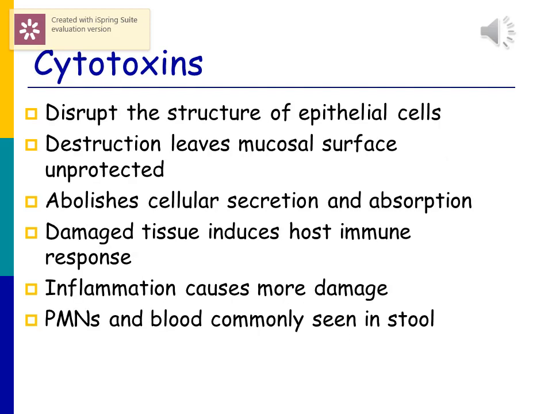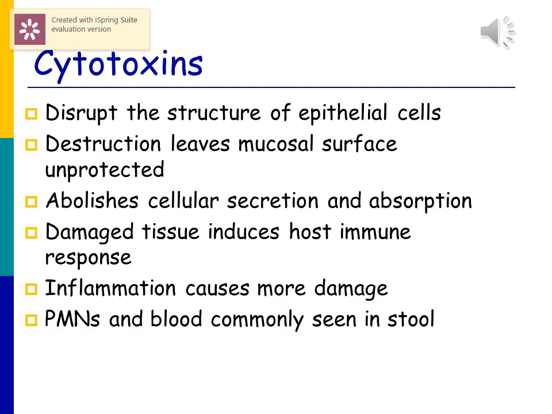Cytotoxins disrupt the structure of the epithelial cells. They are going to destroy those cells, which is going to leave those areas unprotected. They're going to get rid of cellular secretion and absorption. They're going to damage the tissues. They're going to induce a massive host immune response, an inflammatory response.